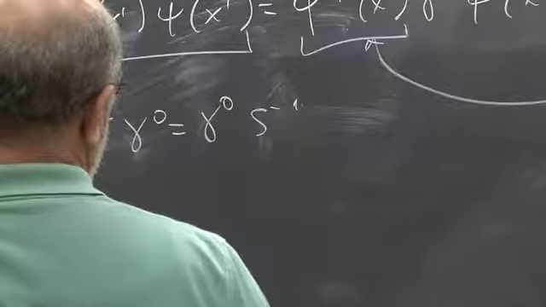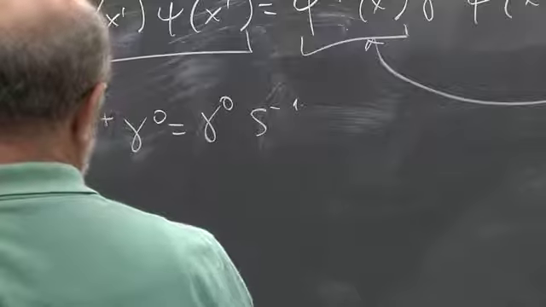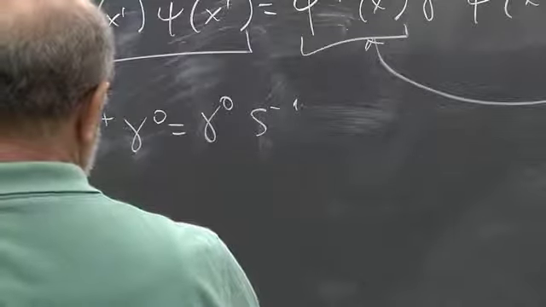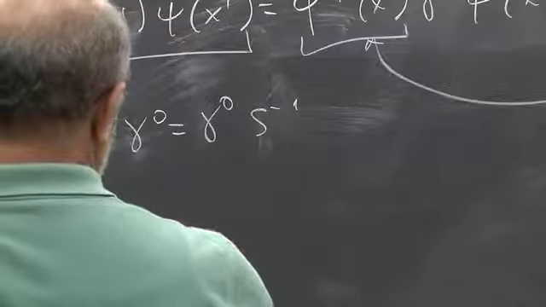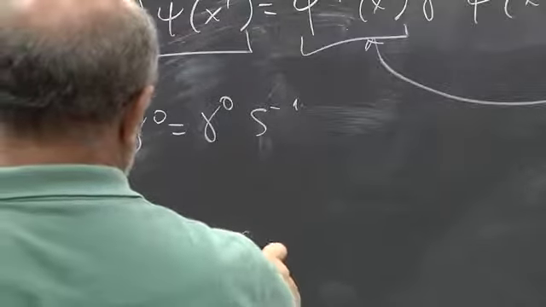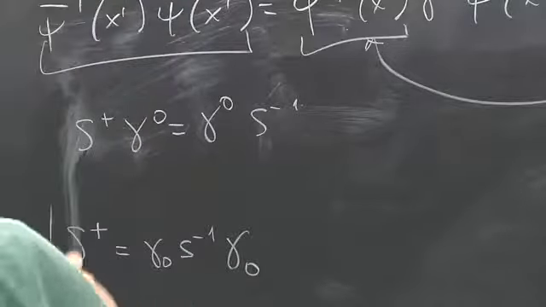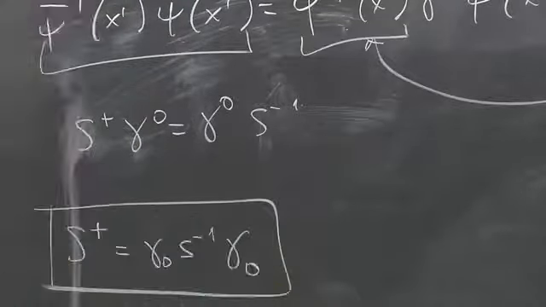Yesterday we proved that S dagger is equal to gamma 0 S to the minus 1 gamma 0, right? Remember that we said, look, the S are not all unitary. The ones related to the rotation are unitary, but the ones related to the Lorentz boost are not.